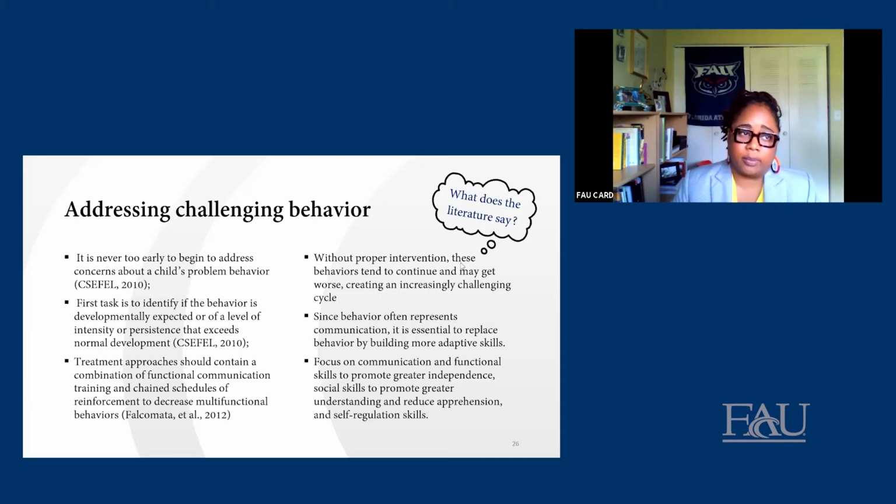We know that pro-social engagement, being able to self-regulate, and reducing apprehension to engaging with others are going to be effective means of reducing or getting rid of challenging behaviors.